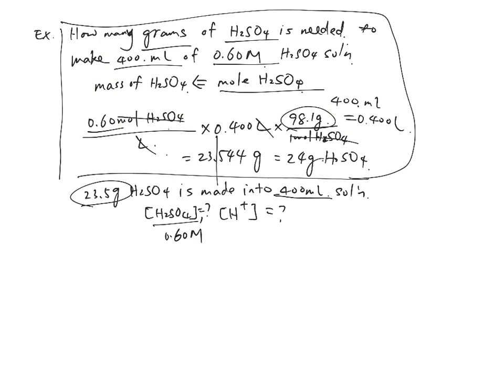Well, each 1 mole of this H2SO4 would produce 2 moles of H plus ion. So if the concentration of H2SO4 is 0.60 molar, the H plus then is 1.20, 2 sig figs, 1.2 molar.